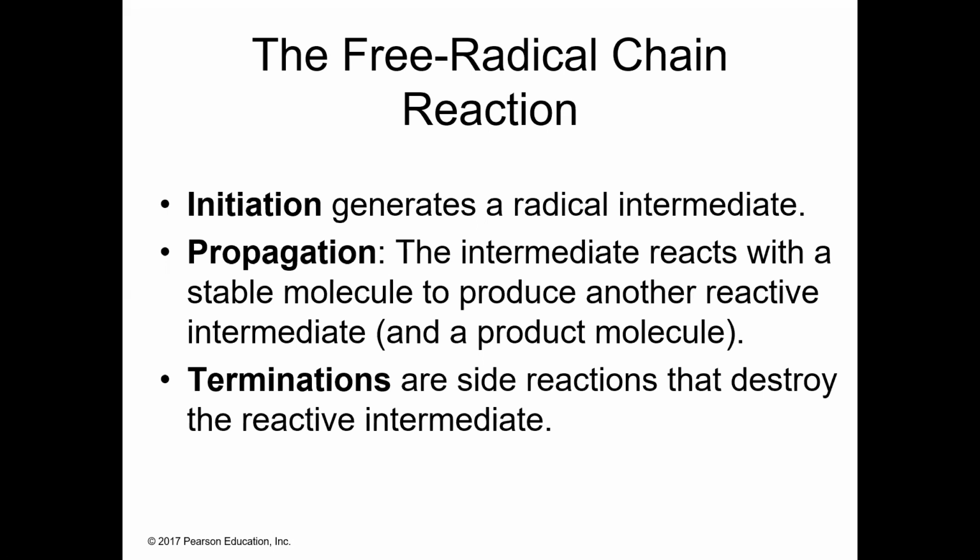There is initiation, there's propagation, and then there's termination. In initiation, what happens is you generate a radical intermediate. What's a radical intermediate? A radical intermediate is a species. It is an atom or molecule that has an odd electron, an unpaired electron.